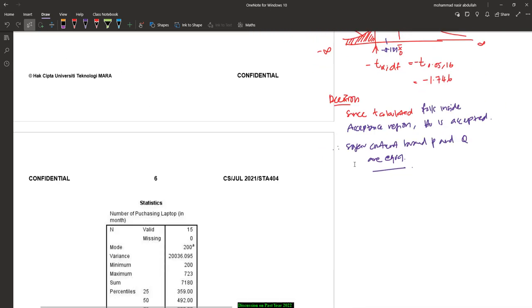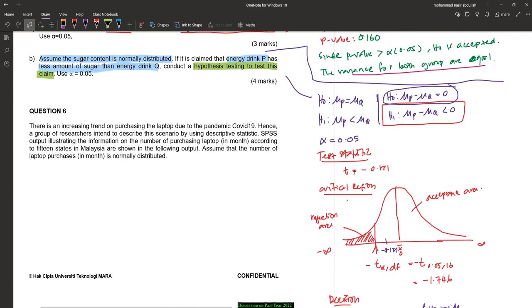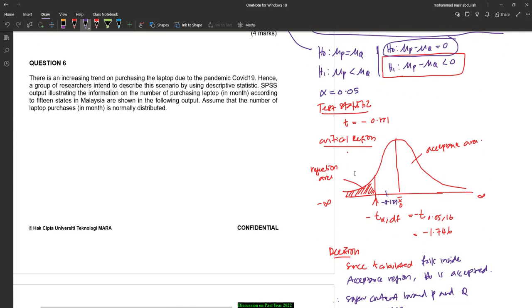Now let's look at question number 6. There is an increasing trend in purchasing laptops due to the 2019 pandemic.